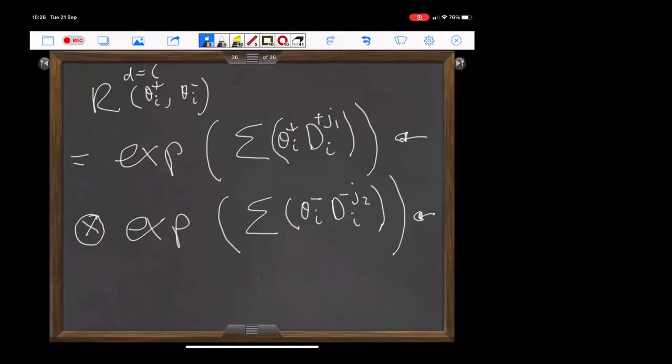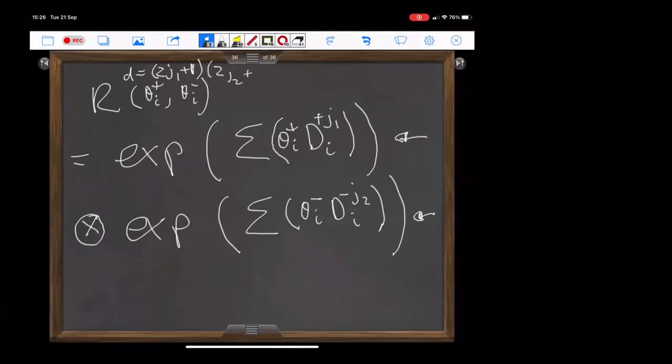Okay, the first representation would have the dimension 2J1 plus 1. And the second would have 2J2 plus 1.